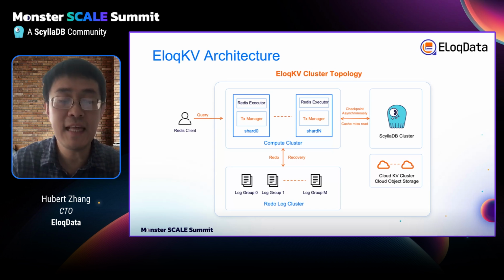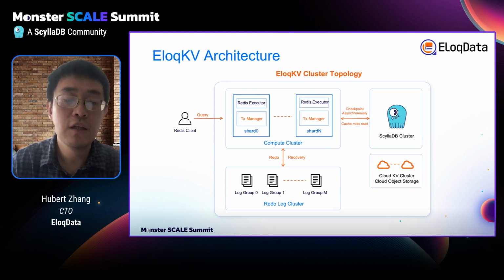When the requested data is not in the buffer pool of the compute cluster, EloqKV will access ScyllaDB for a cache-miss read. As a result, ScyllaDB can provide a guarantee of read latency on cold data. We can also support other storage engines, such as cloud KV clusters and cloud object storage.